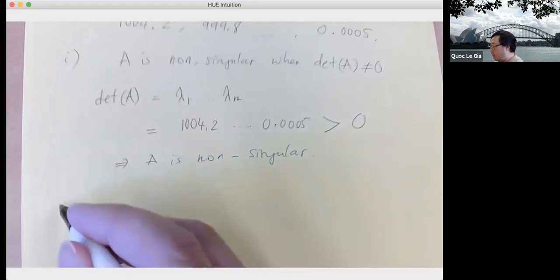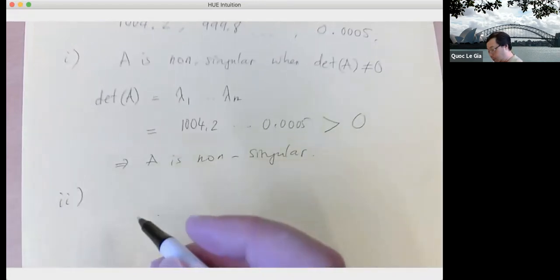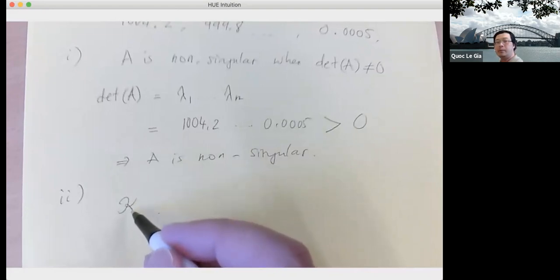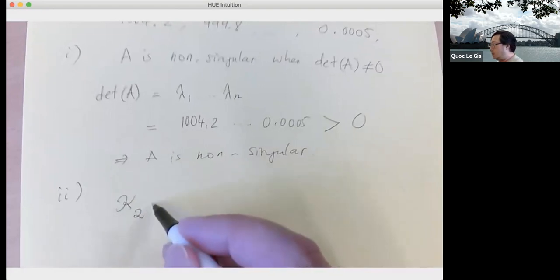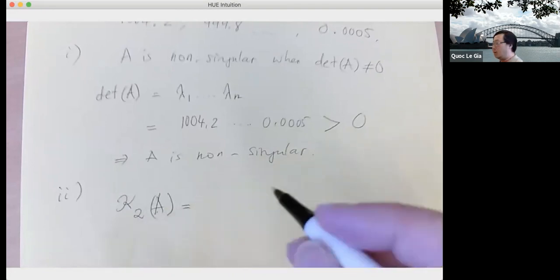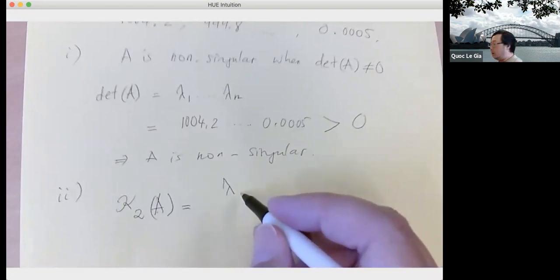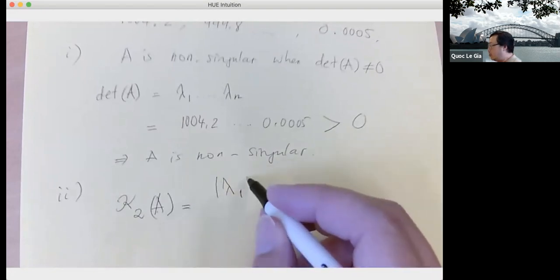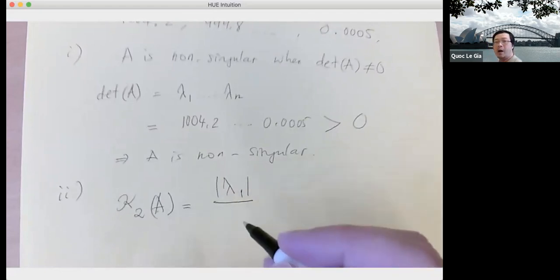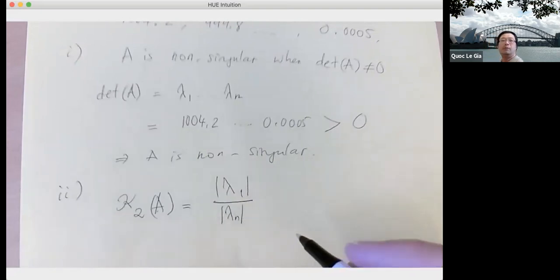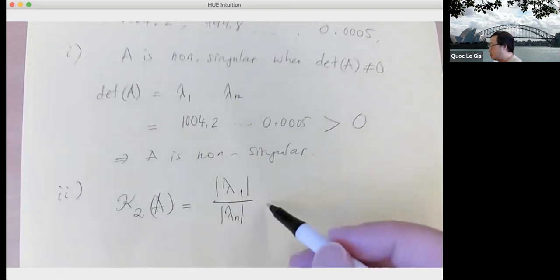Now back to our material. What is the condition number of A? Here we have to understand this is the condition number in the two norm, so we can use the theorem in the lectures. It's the maximal eigenvalue in absolute value divided by the smallest eigenvalue in absolute value.